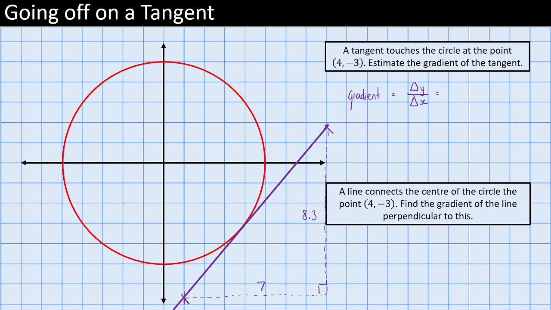I'm allowed a little wiggle room, just a little bit. My change in y is 8.3. My change in x is 7. And 8.3 divided by 7 is apparently 1.19 to 2 decimal places. Which is not great. But, you know, it's an estimate. It works okay.